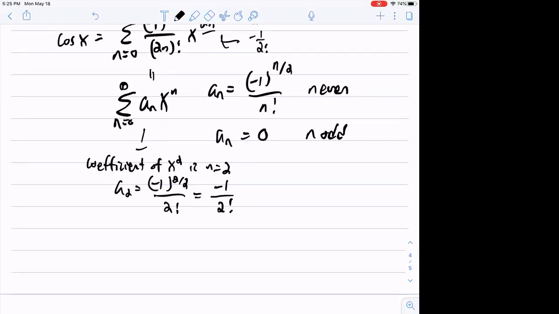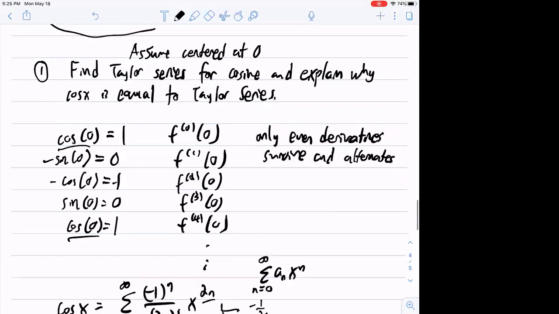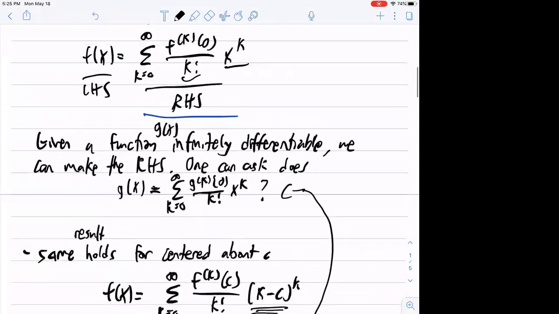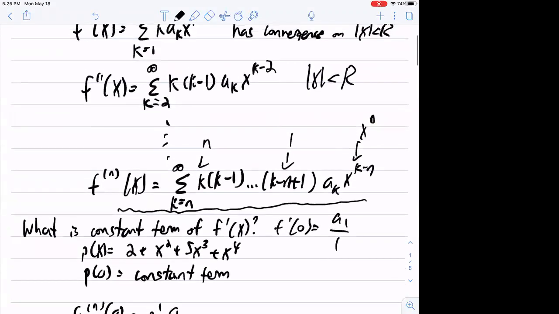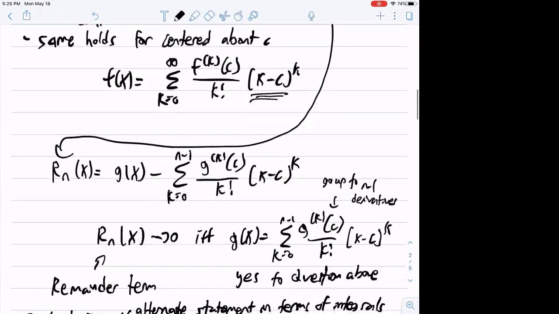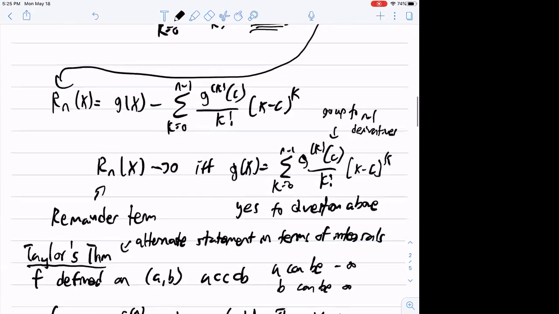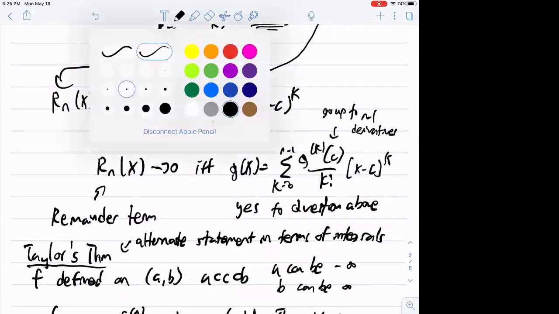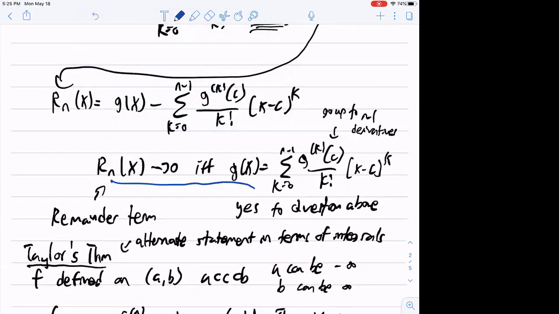So Taylor's theorem says, remember, we're going to be using the fact that Rn of x goes to 0 if and only if you're equal to the power series, right? So to check that cosine agrees with its power series, we need to check Rn of x goes to 0.